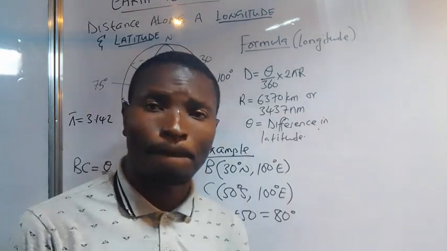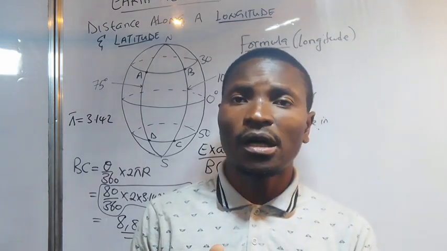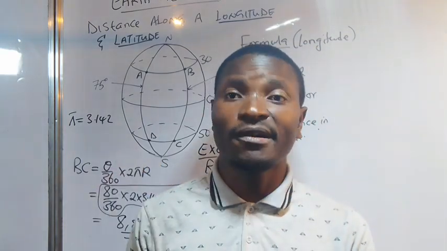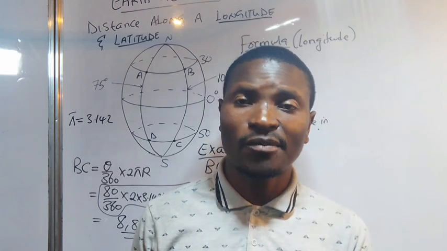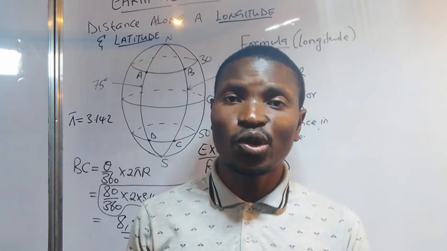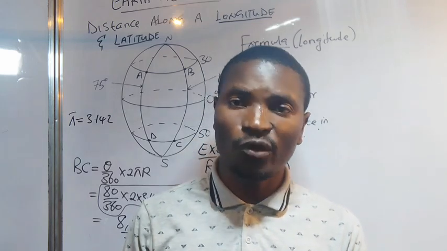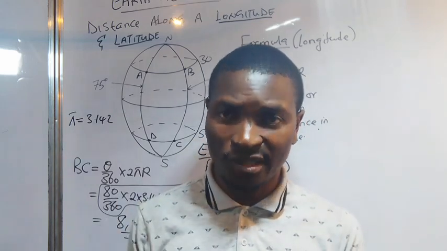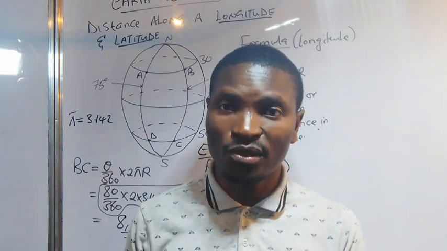Now, remember that in the final exam, you have to follow the instructions in terms of rounding off. You have to understand to what number of significant figures you are going to leave your answer. Is it 2 significant figures? Is it 3? Is it just the whole number? So you have to be able to follow the instruction in the final exam.